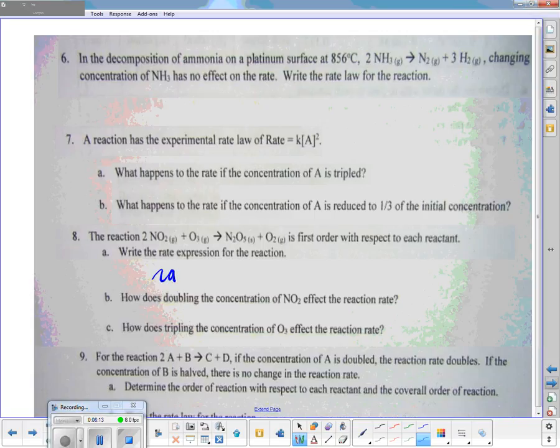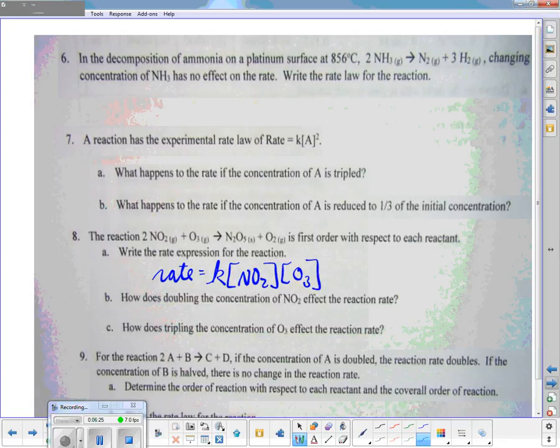Rate equals K times the concentrations. You don't write exponents of ones, right? That's pretty easy. So how does doubling NO2 affect that reaction rate?